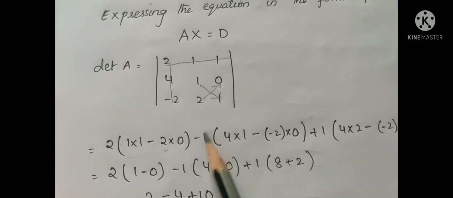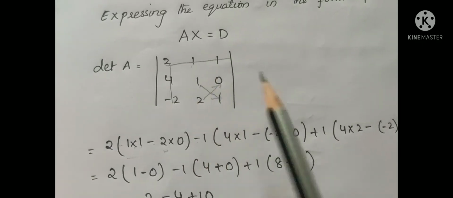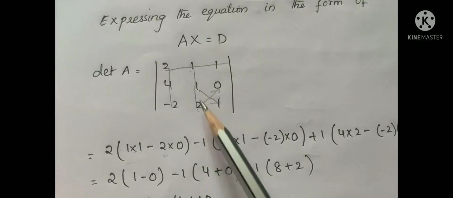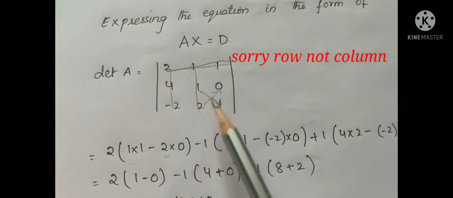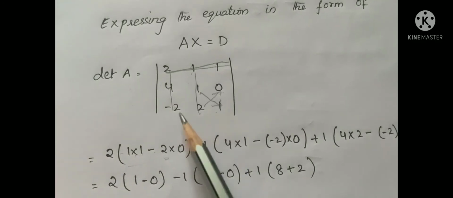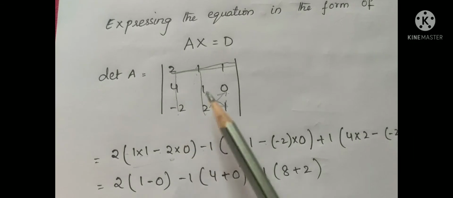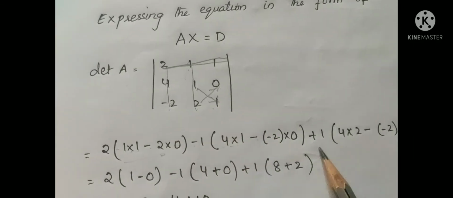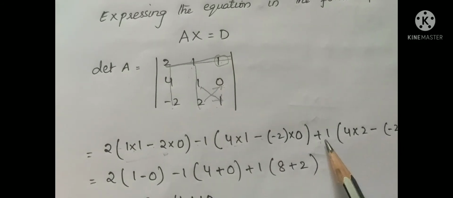Similarly, for the middle term we have to write minus here. So minus 1. Now leave this row and this column, so you are left with these two. So 4 into 1 minus 2 into 0. Now the third term is 1, so plus here.